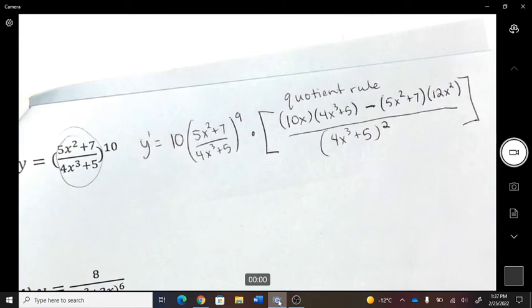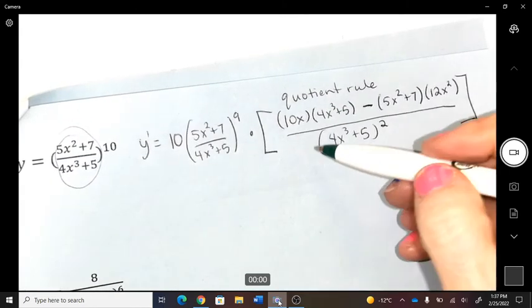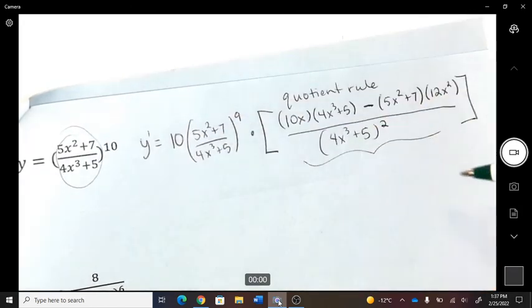I will definitely not ask you to simplify something like this. Okay, that's it. But this is just for you to see that on the chain, now you also had to do a quotient rule.